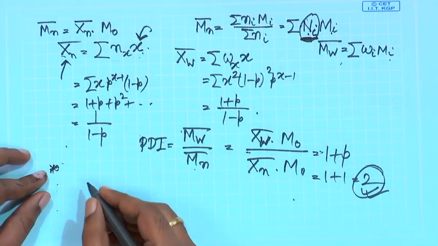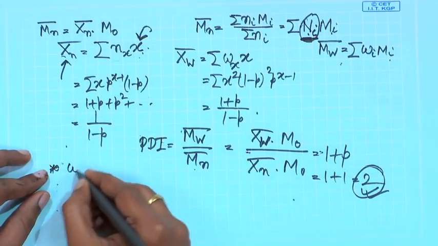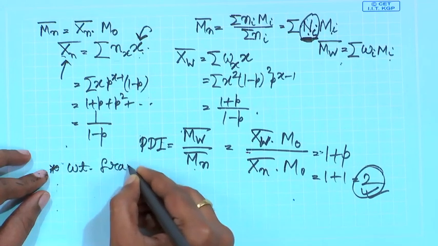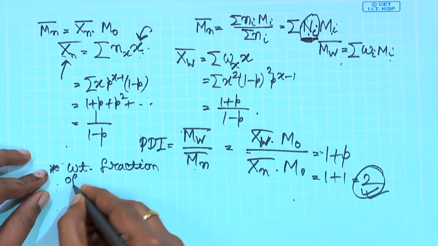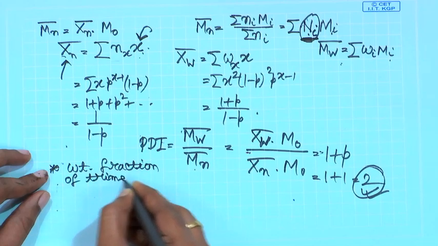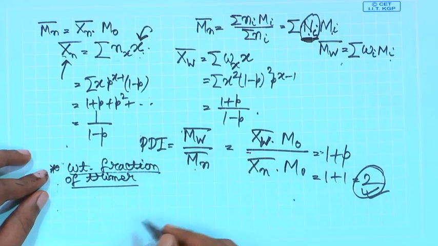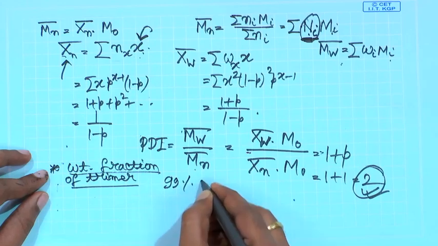So, what we will do is a small problem, a very small problem, where we just use the formula, and this will give you an idea of how to tackle some of these simple questions. Let us say you are asked, what is the weight fraction of trimer in a step polymerization that is carried out to 99% conversion?